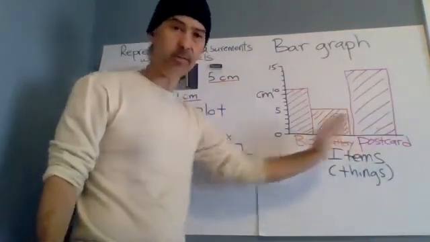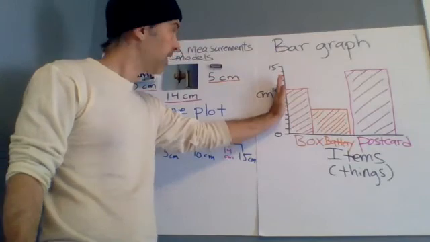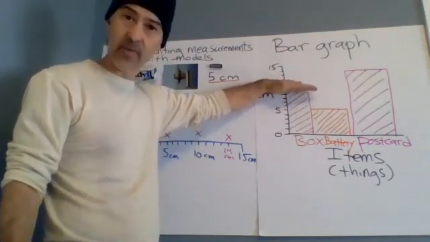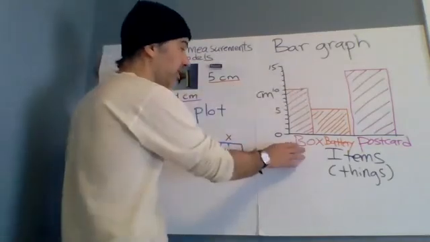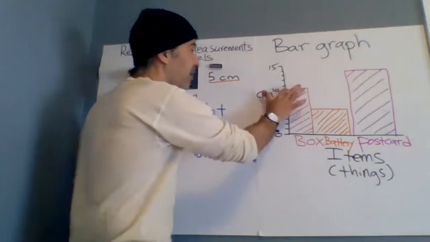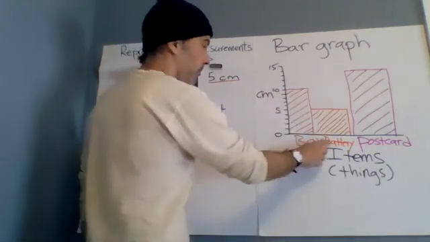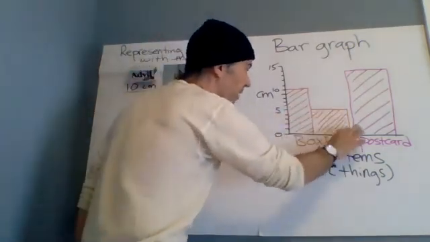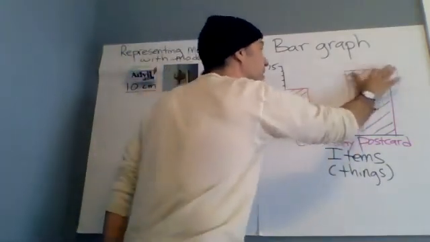Items on the bottom, the measurement centimeters on the side, and then just draw the bars at the heights of those measurements. So for example, my box was 10 centimeters, I go up to 10 centimeters and I draw my bar. Battery was 5 centimeters, I go up to 5 centimeters, I draw my bar. And the postcard was 14, I go up to 14, draw my bar.